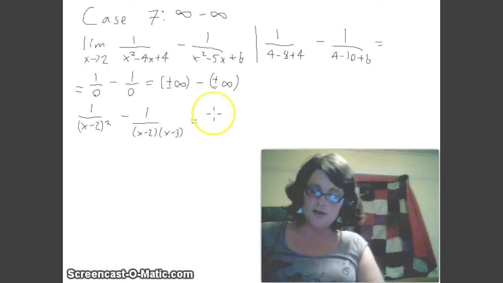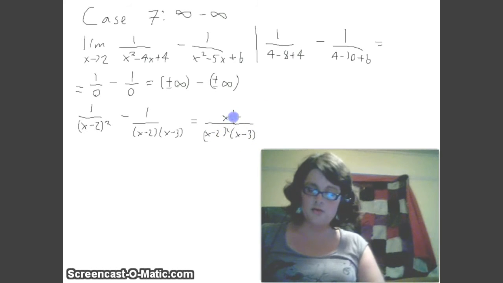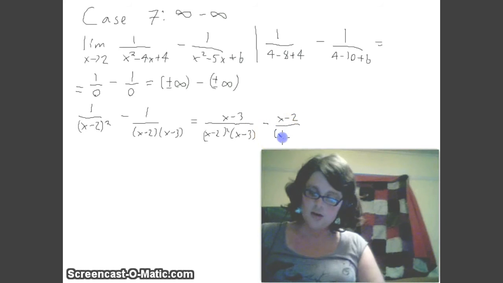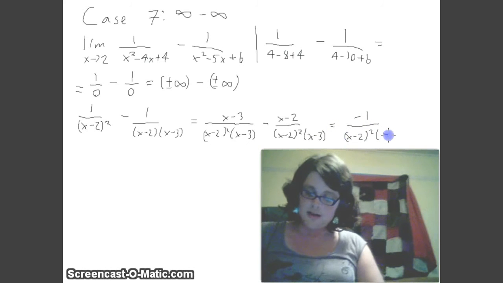So the common denominator is going to be x minus 2 squared times x minus 3. And the numerator in the first one is going to be x minus 3, and the numerator in the second is going to be x minus 2 over the same common denominator.